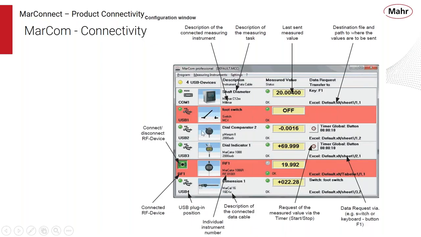Each one of these horizontal lines is the various devices that are connected into MarCom, and we have examples here of RS-232 devices, USB devices, wireless devices. All these can be connected simultaneously. The column on the left shows us the type of interface and whether it's active or not by the green button that's being shown here.